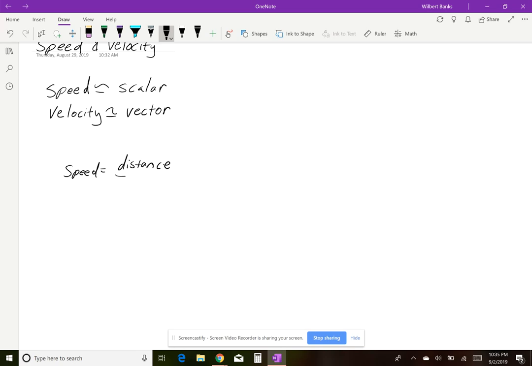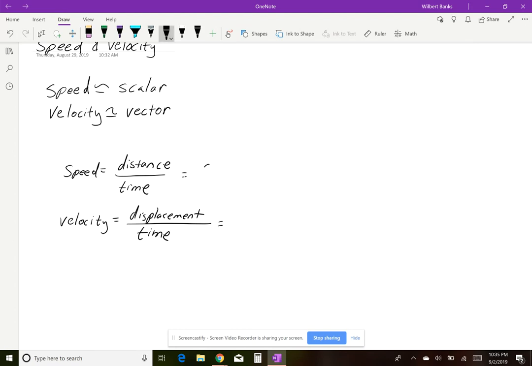divided by time, and velocity equals displacement over time. And with these two things, you understand as a result that displacement within itself is a vector, and distance within itself is a scalar.